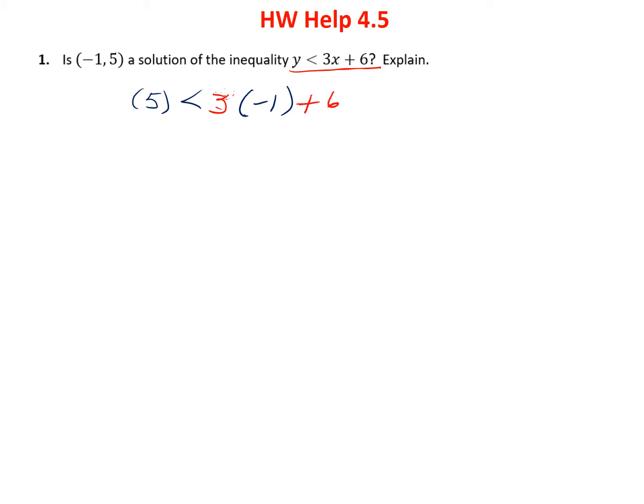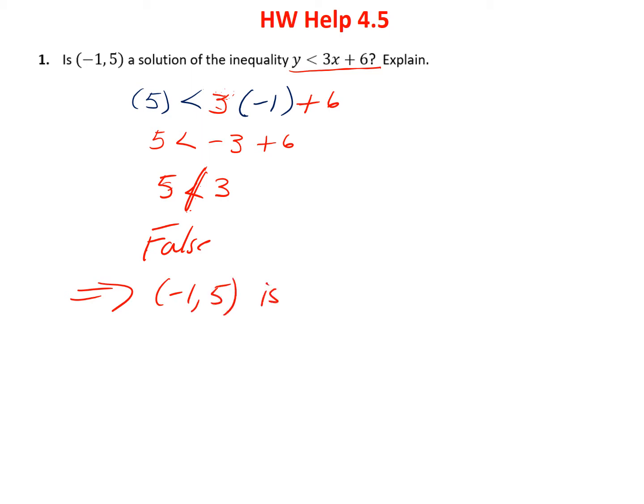Okay, so now we end up with 5 is less than 3 times -1, which is -3, so -3 plus 6. So we end up with 5 is less than 6 minus 3, which is 3. Well, 5 is not less than 3, so this is a false statement, which implies then that the point (-1, 5) is not a solution.